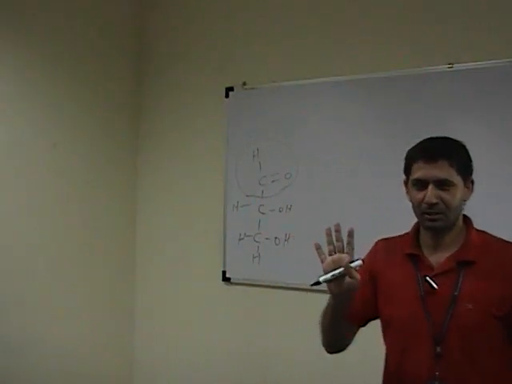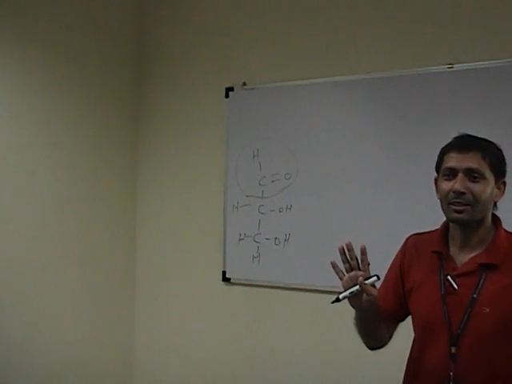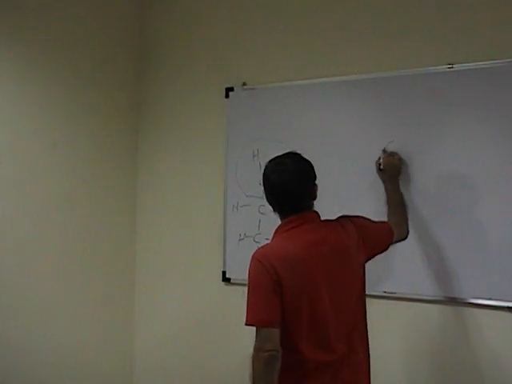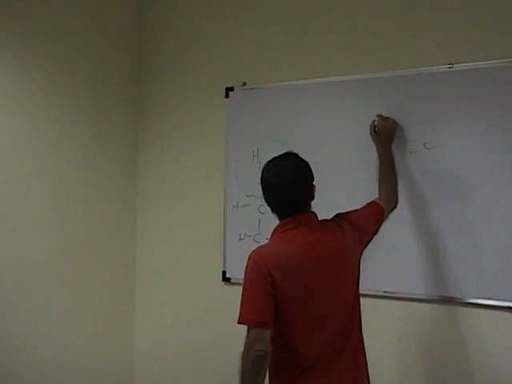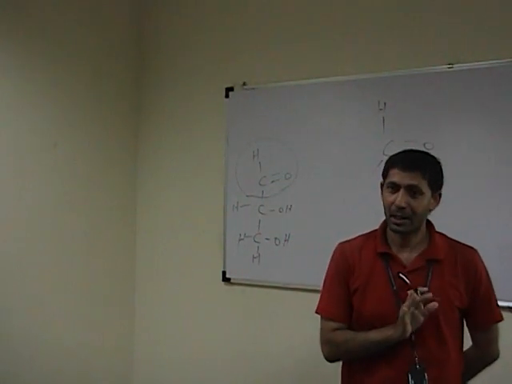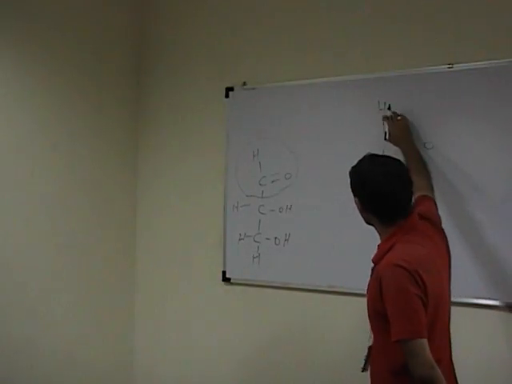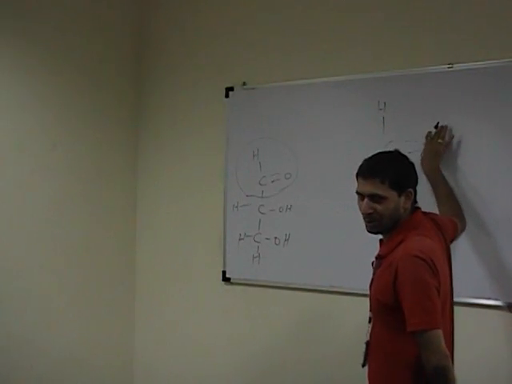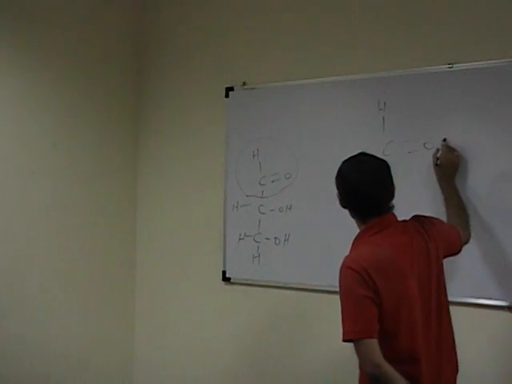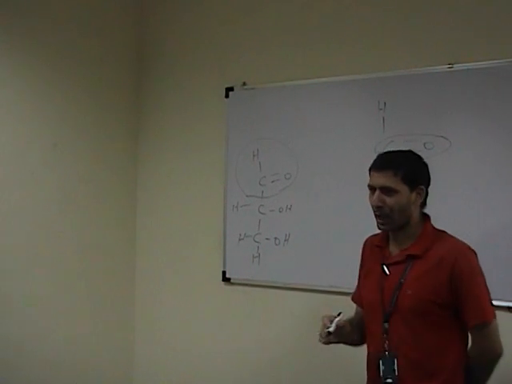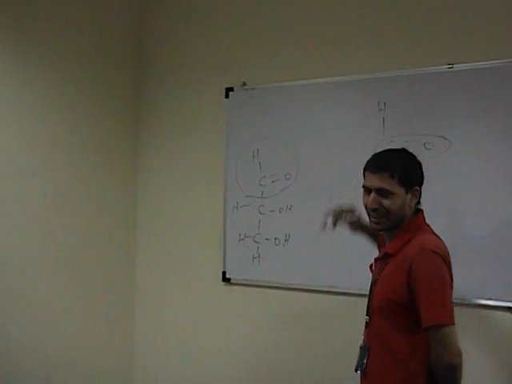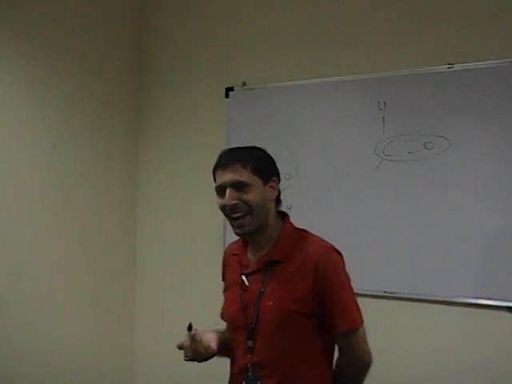Aldehyde. No? Functional group is CHO. CHO functional group is aldehyde. If you say only this, then it is carbonyl group. And with carbonyl group, when hydrogen is attached, then it is aldehyde.